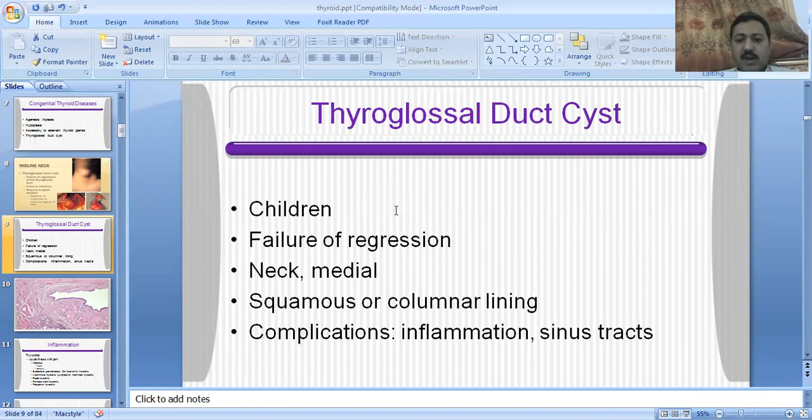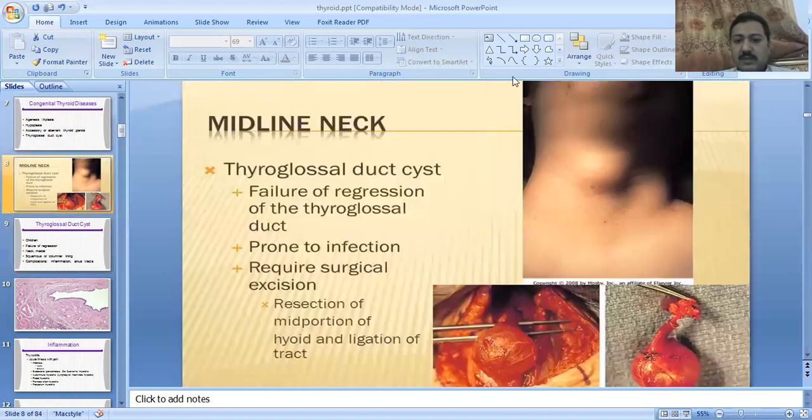It occurs because of failure of regression of the thyroglossal duct. When it does not regress, a cyst is formed at this place, producing a cystic condition in the thyroid.